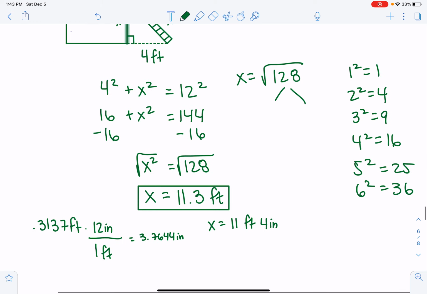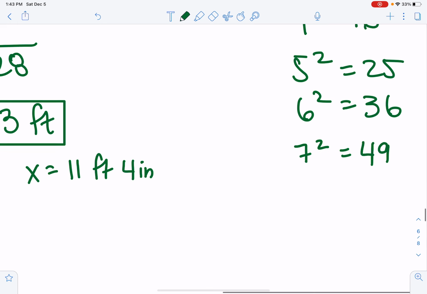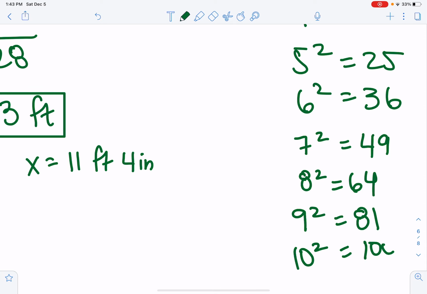So actually I will keep going. 7 squared is 49, 8 squared is 64, 9 squared is 81, and 10 squared is 100.